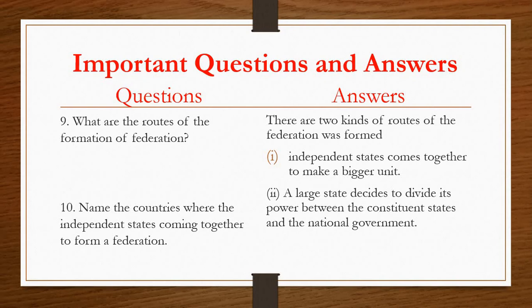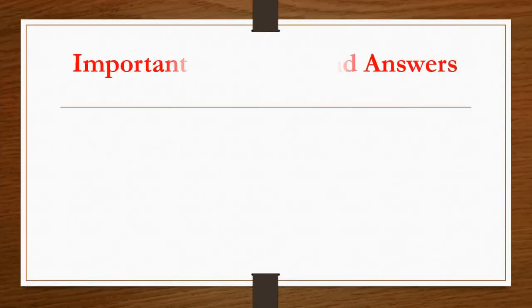Name the countries where independent states came together to form a federation. The answer is, these countries are USA, Switzerland, and Australia. Now the next is, this is also important.